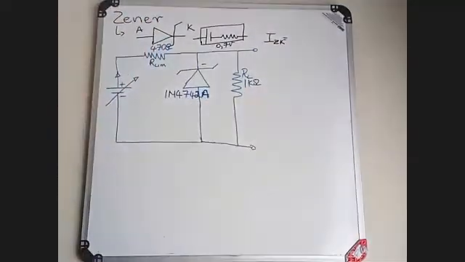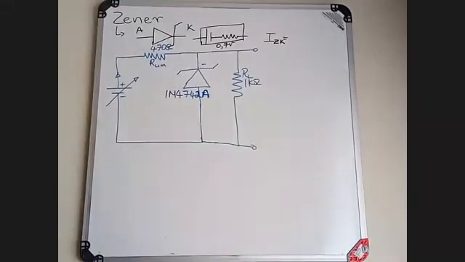If you go to your data sheet, under the heading electrical characteristics, you have the device, which explains what Zener you are using, and then the Zener diode at a certain Zener current.